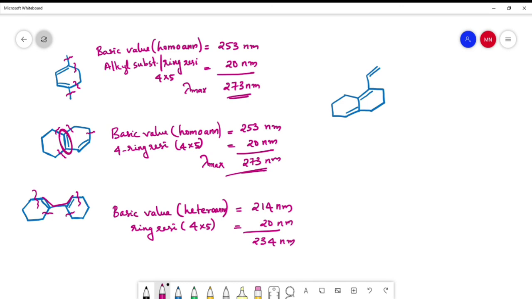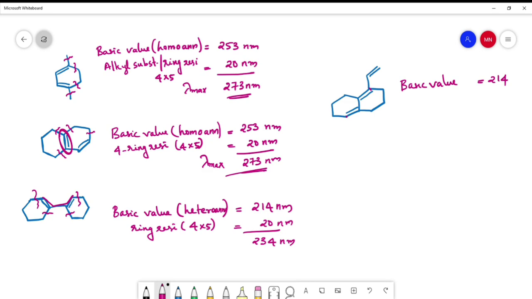You can see the double bonds are in different rings. So the basic value corresponds to heteroannular diene. So that is equal to 214 nanometer. Now if you are looking into the ring residues, you are considering from here to here. This is our heteroannular diene component.